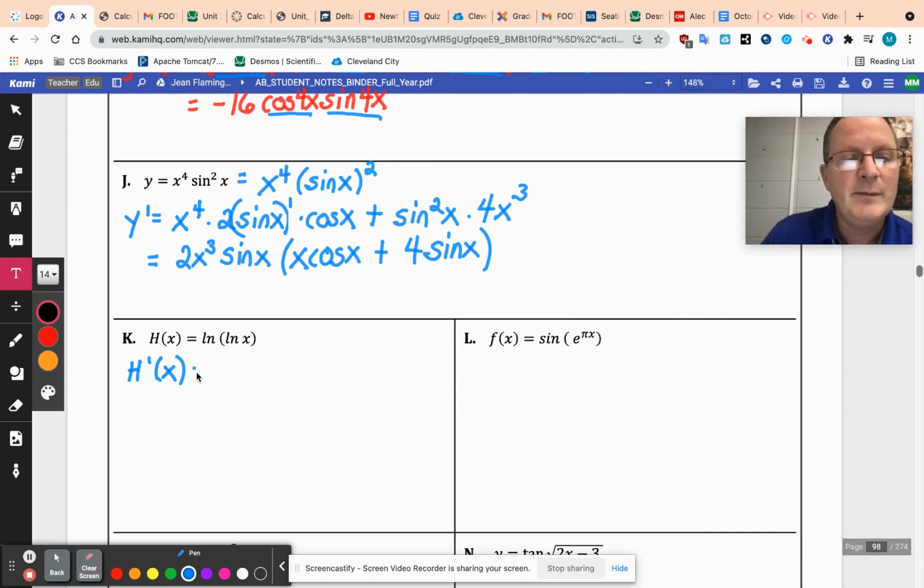So the outside natural log is 1 over, and I'm going to copy this as the inside part. So I copy that, and then I do chain rule with the derivative of the natural log, which is 1 over x. And so we're done. So this is 1 over x natural log of x.